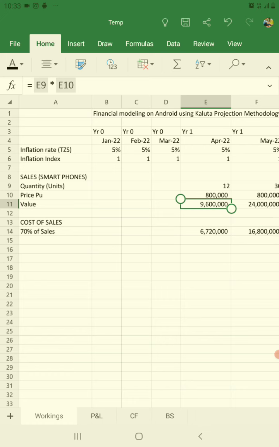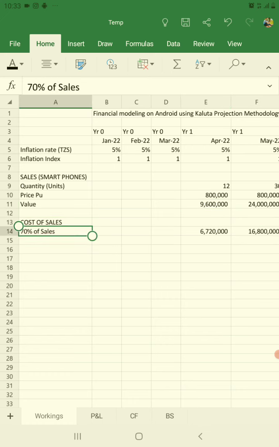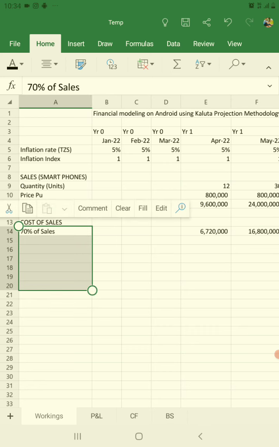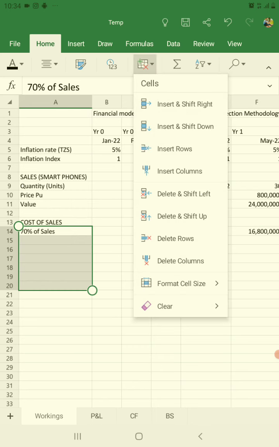To do that, I go here to the cost of sales, and I can insert some rows, and then go to this sheet here and insert rows.